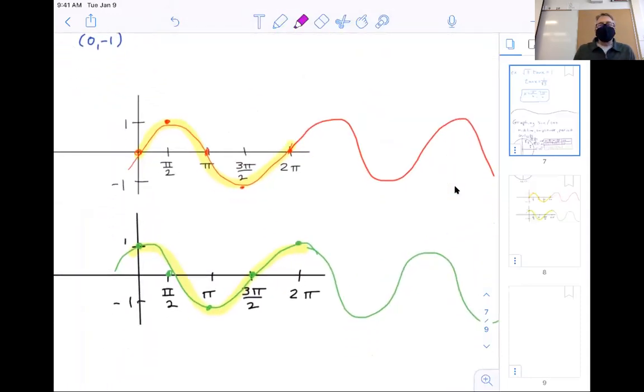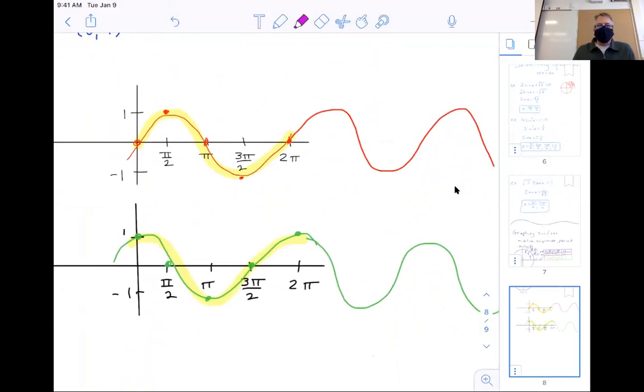So what you want to do to find the period of a graph is pick any two corresponding points. So like this point right here and this point right here correspond, okay? But not this one and this one, and I'll tell you why. At this point here, the function is increasing and at 0. And here, the function is increasing and at 0. And here, it's at 0, but it's decreasing.